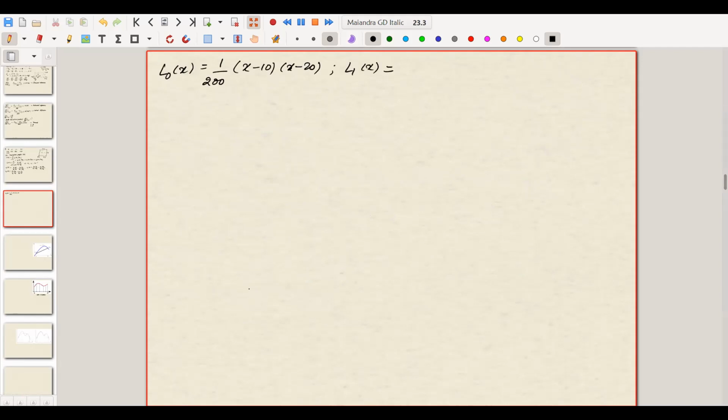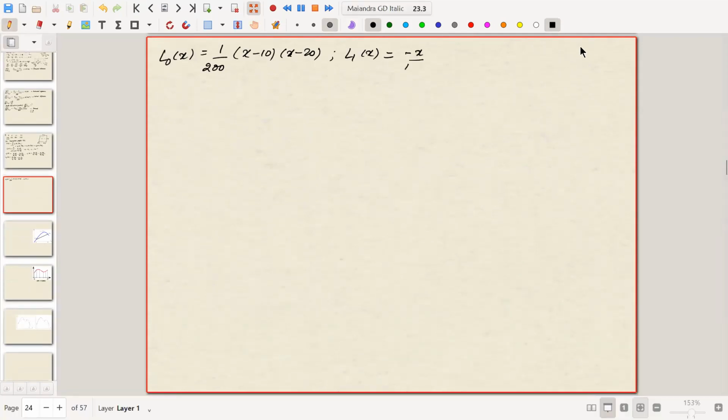What is L1 of x? These things you have to do at your home, to check whether these are actually correct. Similarly, L2 of x is x by 200 into (x minus 10).